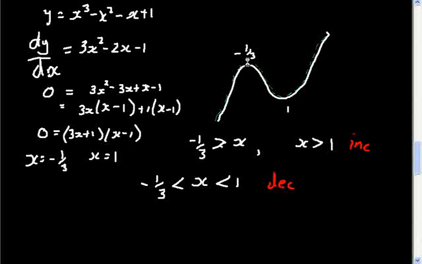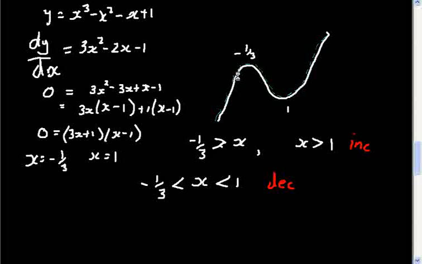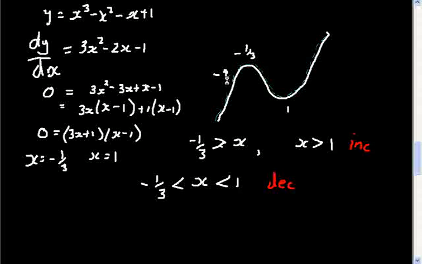Another way of doing this, if you don't know how to sketch this graph, is to work out individual points. This is quite tedious, as you would have to work out the gradient at a point to the left of negative a third. So a point to the left would be something like negative 2, or I'll just say negative 1, that's easy.